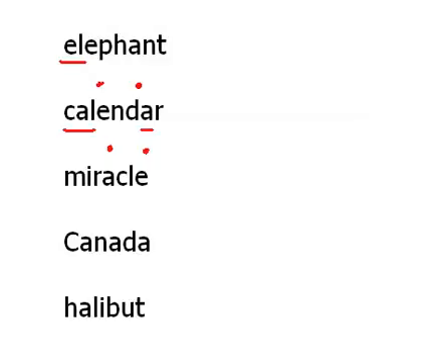Miracle. Very strong and two weak syllables. Miracle. Here's a good one. Canada. Canada. And of course the fish, halibut. Halibut. So this is a very common three-syllable word intonation pattern.